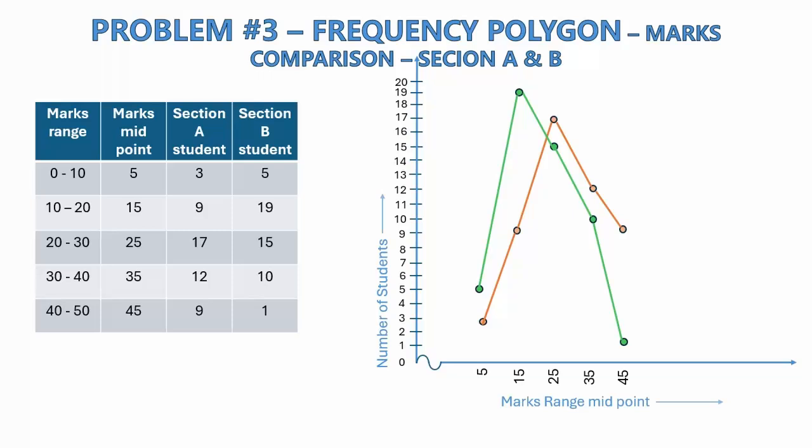But when it comes to 25, 35 and 45, the point on the green always falls below the orange. Okay, so in these higher marks, 25 or 35 or 45, you always have the orange class, that is section A, outperforming the green class, which is section B.